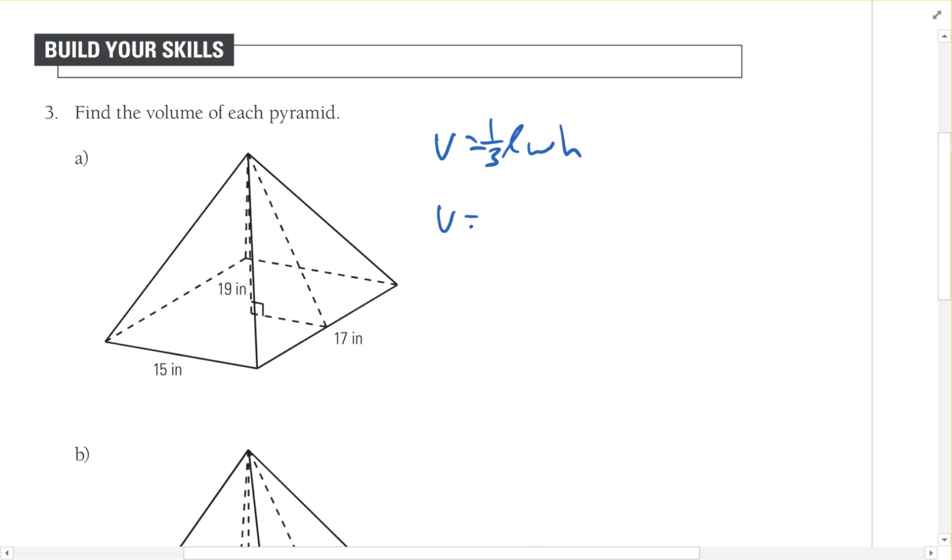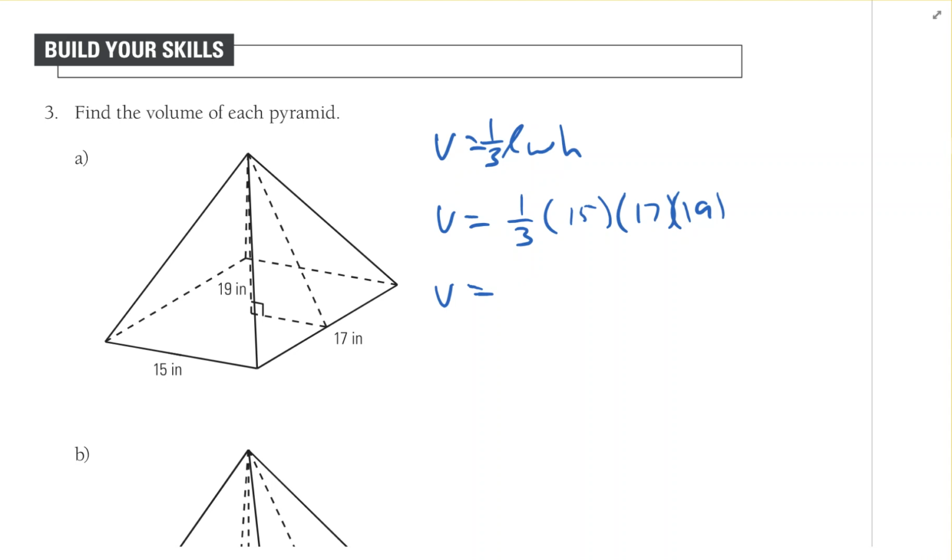So I'm just going to go V is equal to, I'll keep it as 1/3 for now, times the length of 15, 17, and 19. Really, as long as you get them all, it doesn't matter what order you put those in. So that would be equal to 1,615 inches cubed.